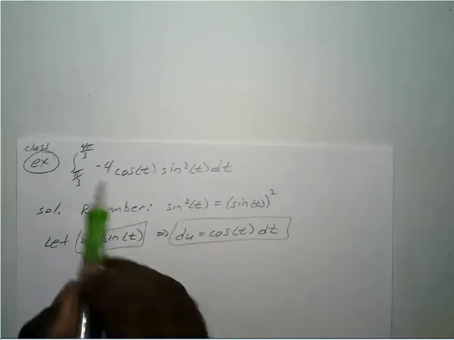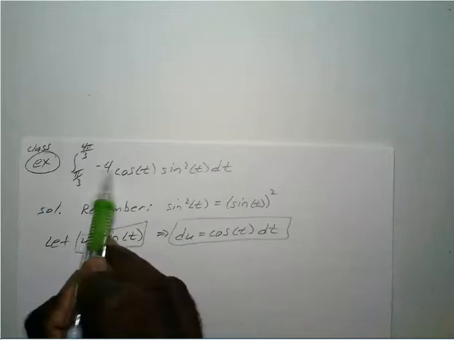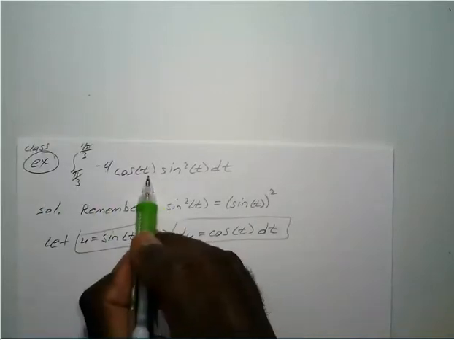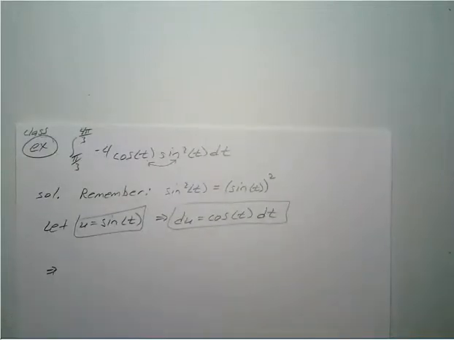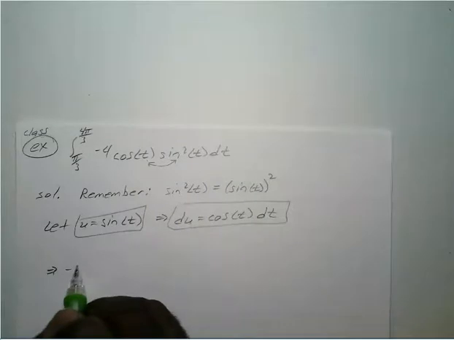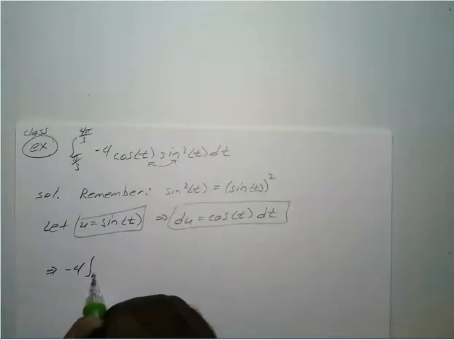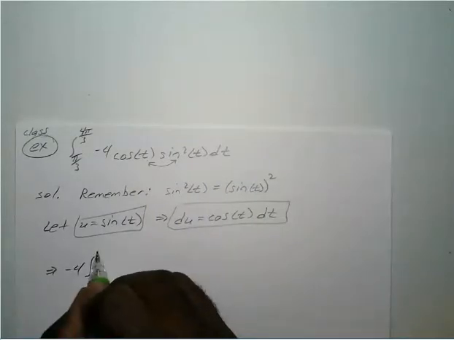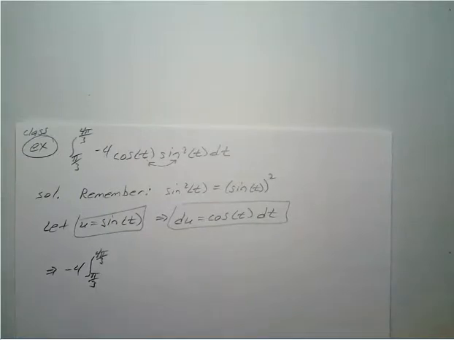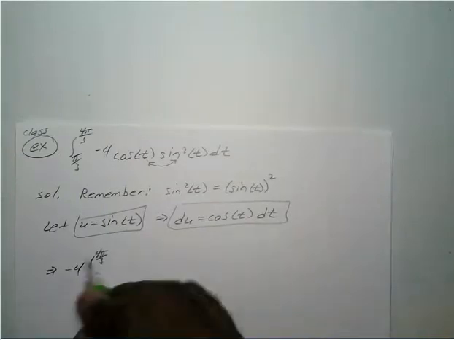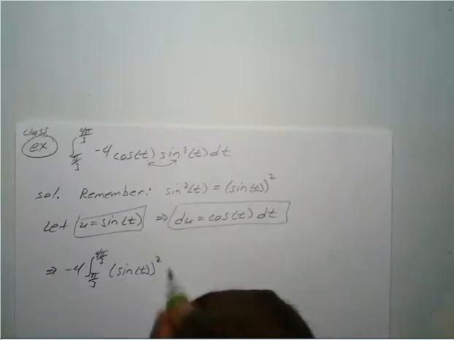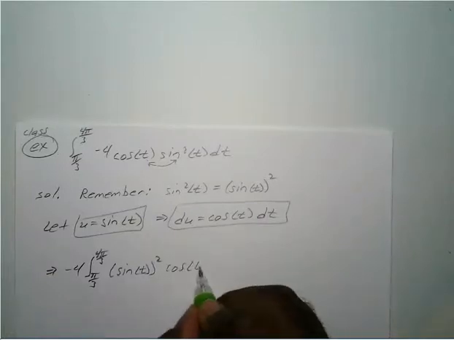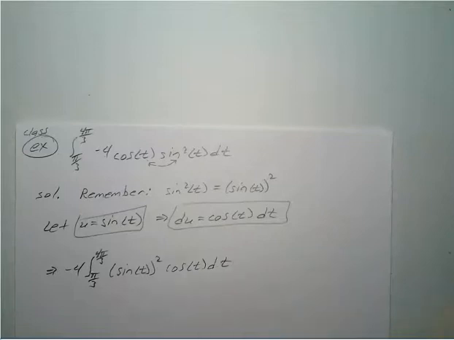All right, so just like before, I'm going to go ahead and factor out that -4 to the outside. And just for convenience purposes, I'm going to switch those two around. All right, so we have -4 times the integral from pi over 3 to 4 pi over 3 of sine of t squared times cosine of t with respect to t.